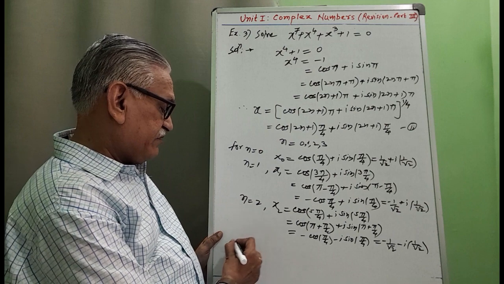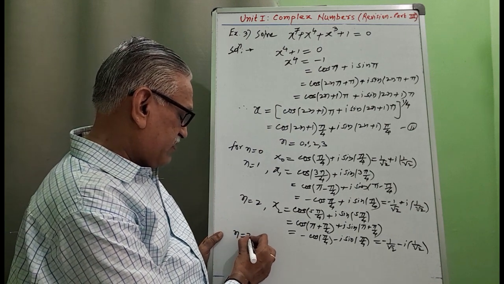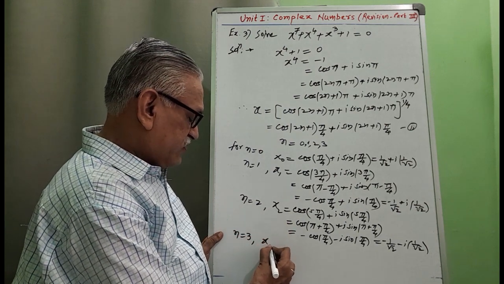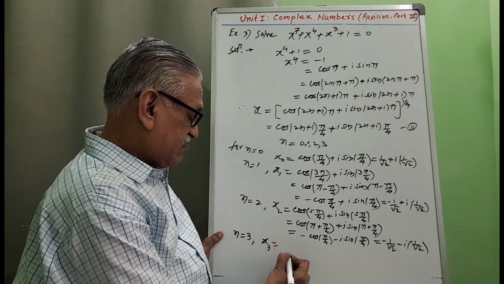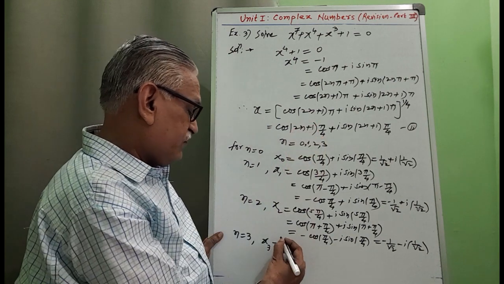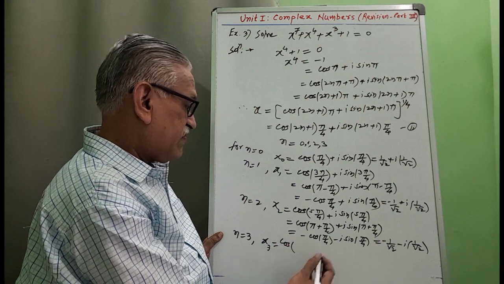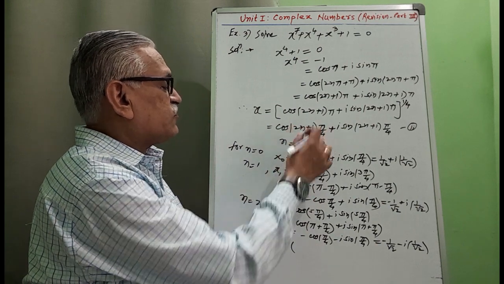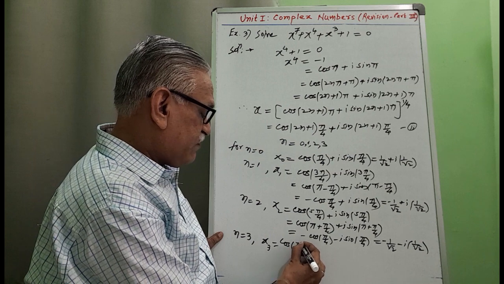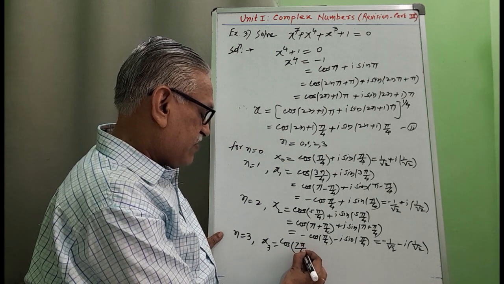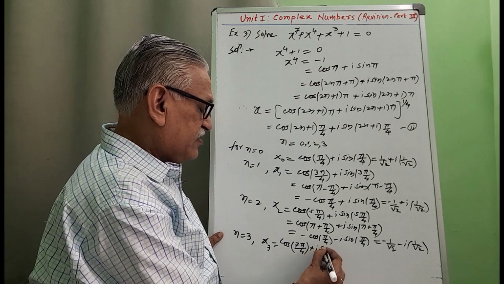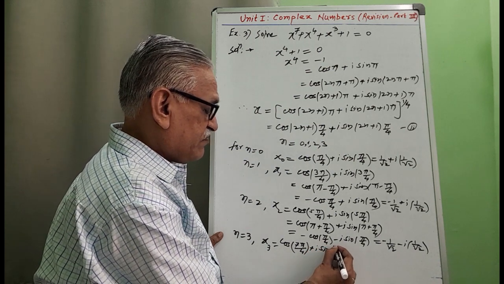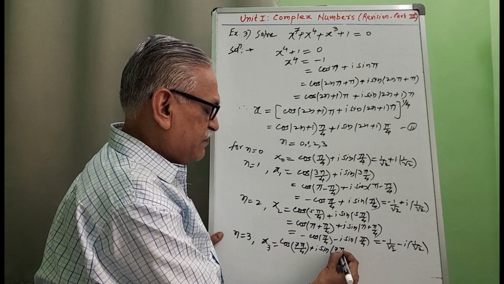And then lastly, for n equal to 3, we get x3 is equal to cos of 2 times 3, 6, plus 1, we get 7π by 4, plus i times sine of 7π by 4.